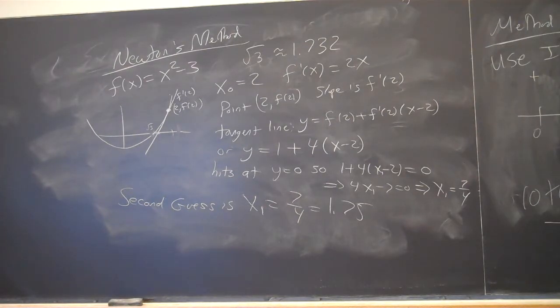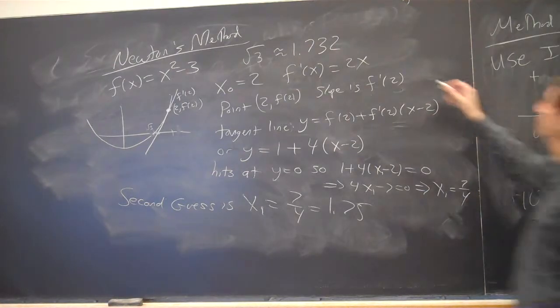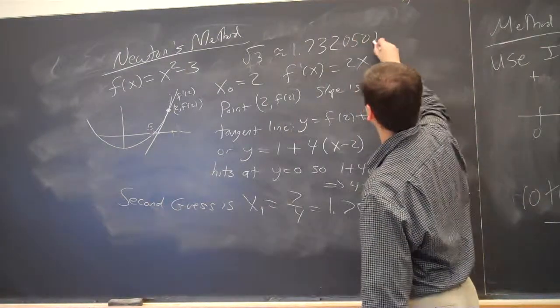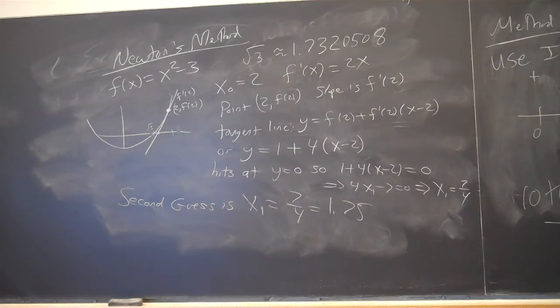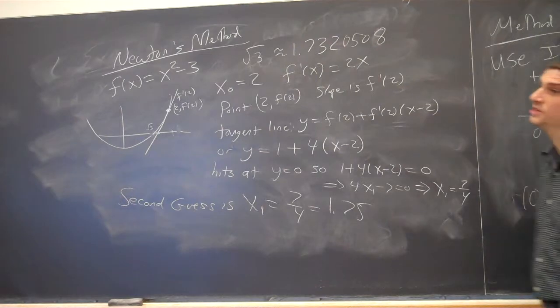If nobody has calculated the square root of 3, I do have it here: 1.7320508, I think 08. How's that for an approximation of the square root of 3? One step. I've got 1.75 rather than 1.732.